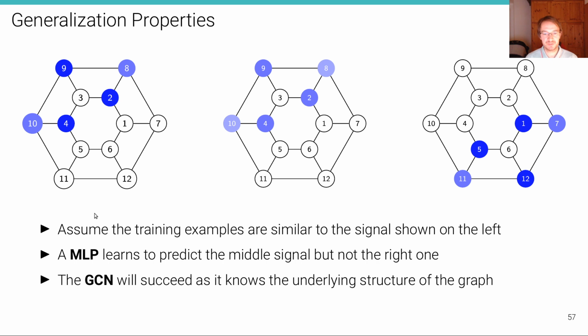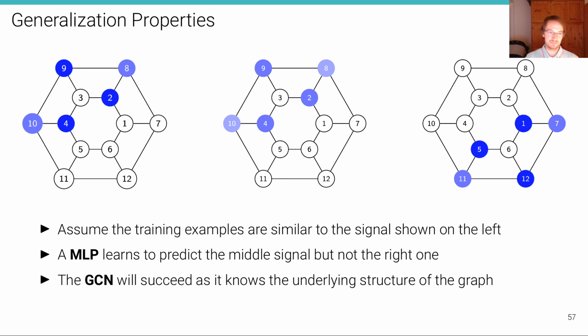However, the GCN will succeed in this case as it knows the underlying structure of the graph. It basically performs convolution along the graph by knowing the structure of the graph. So it can infer that at node 6 in the input there are nearby nodes that have a strong activation. And so this pattern here is the same pattern as this pattern here, just occurring at different nodes in the graph.